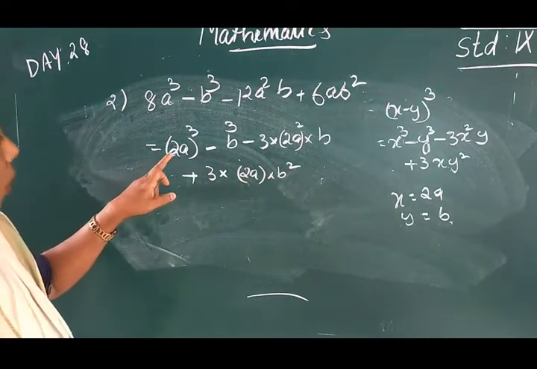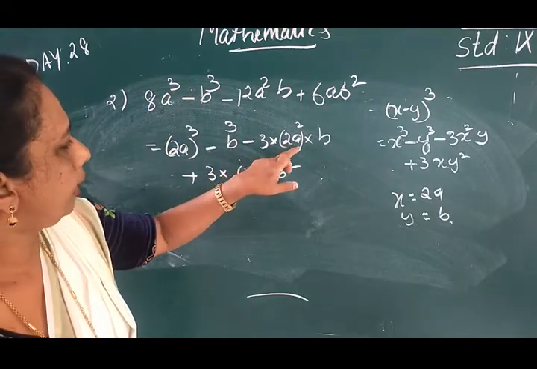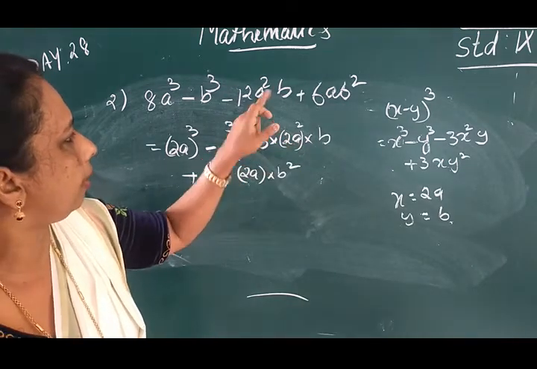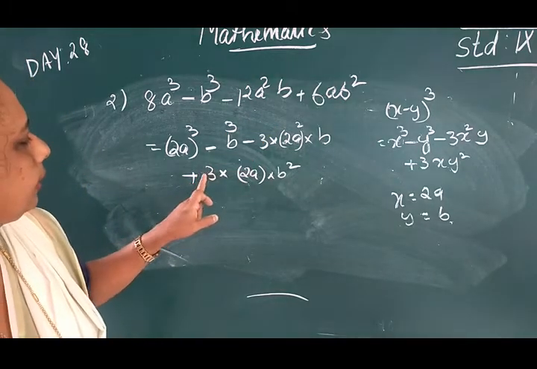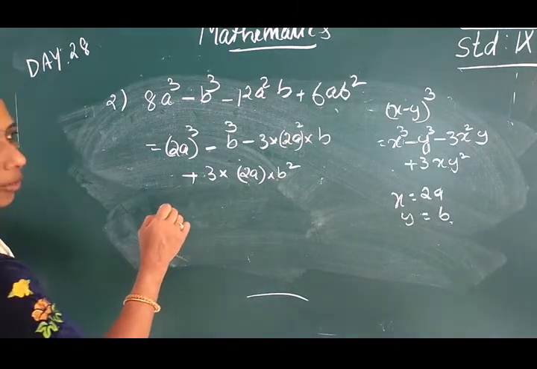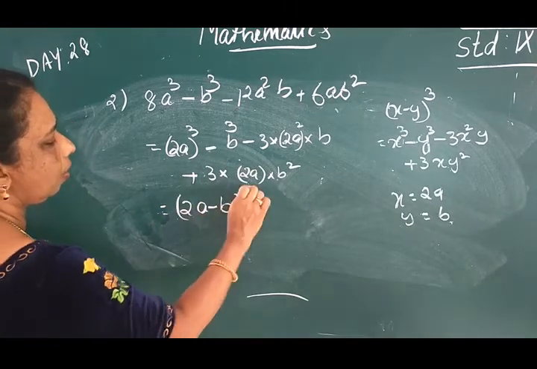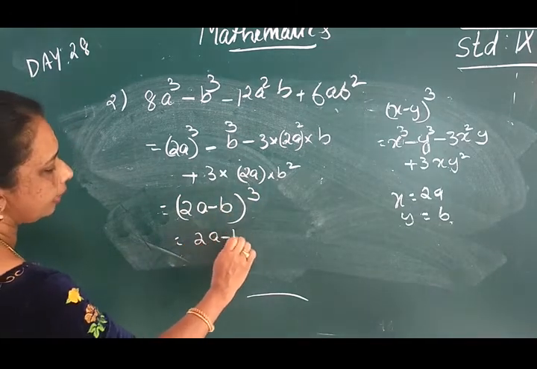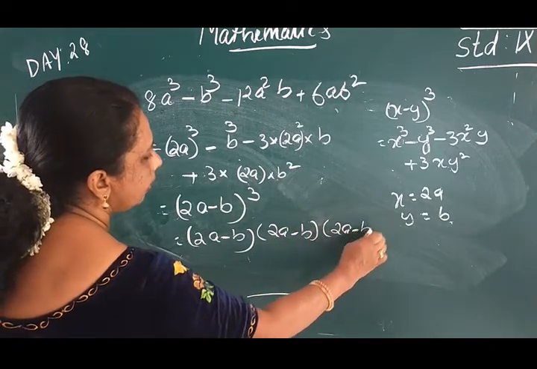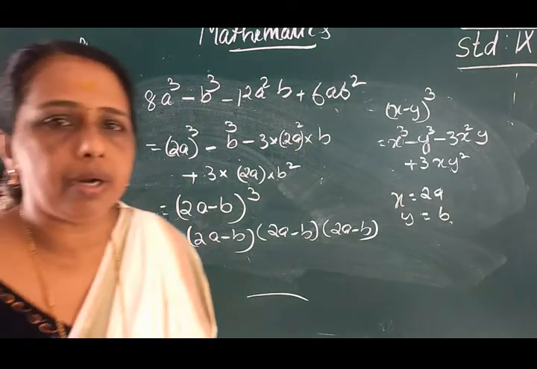Look, here is the expanded form. 2a the whole cube is 8a cube, minus b cube, minus 2a the whole square, 4a square, into 3, 12a square b. Next one, 3 into 2, 6ab square. So we can write x minus y the whole cube, where x is 2a and y is b, as 2a minus b the whole cube. Factors are 2a minus b into 2a minus b into 2a minus b.